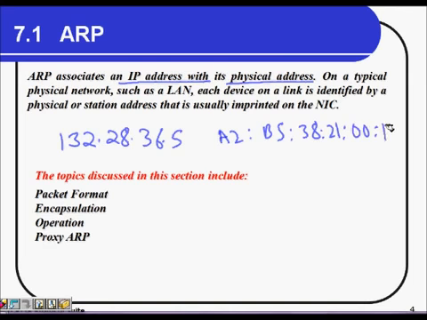So these are 6 bytes of MAC address. So this is your IP address, and then it gives your physical address. So this mapping is being done by your ARP protocol.